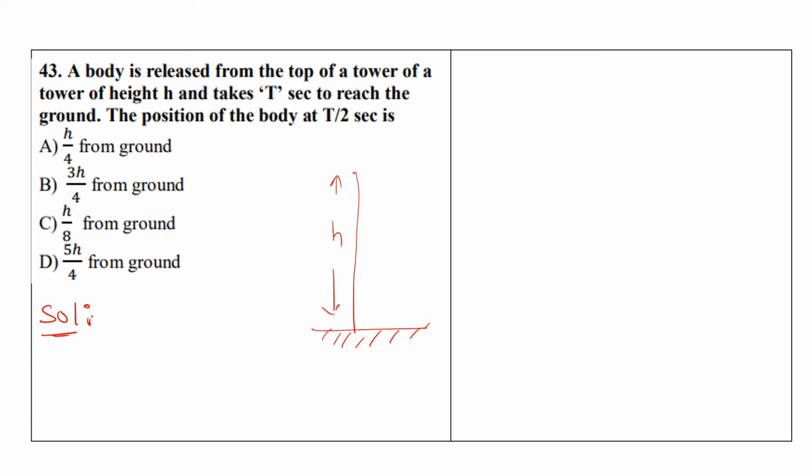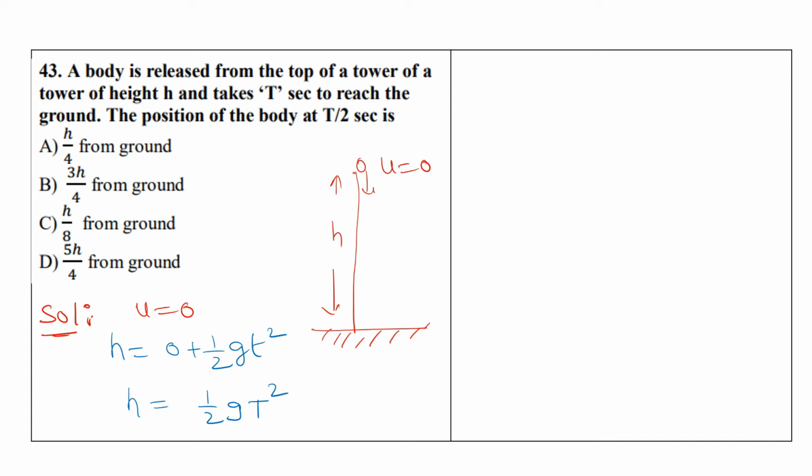A body is released from the top of a tower, so u is equals to 0 and h is equals to ut plus half g t square, so 0 plus half g t square. From this h is equals to half g t square. Here it takes t seconds to reach the ground.